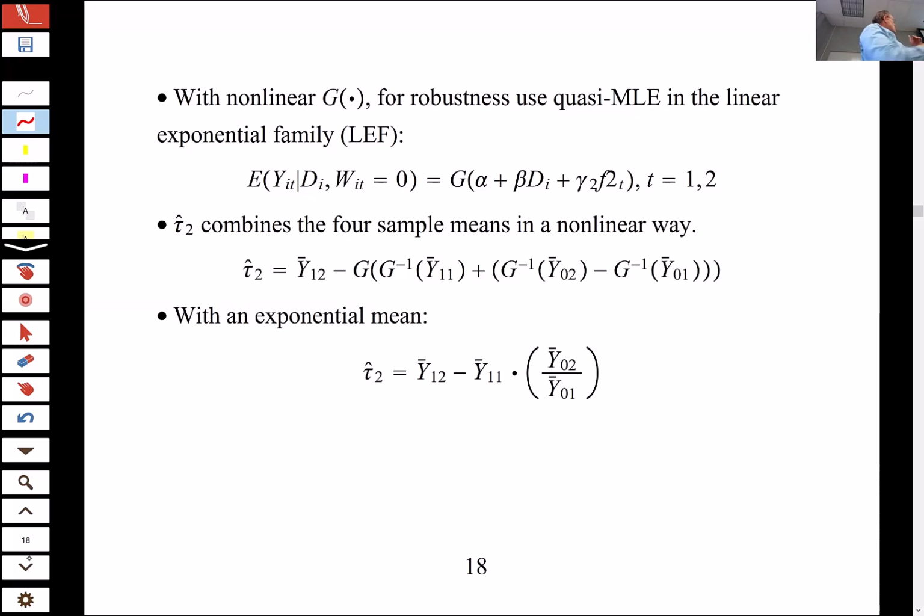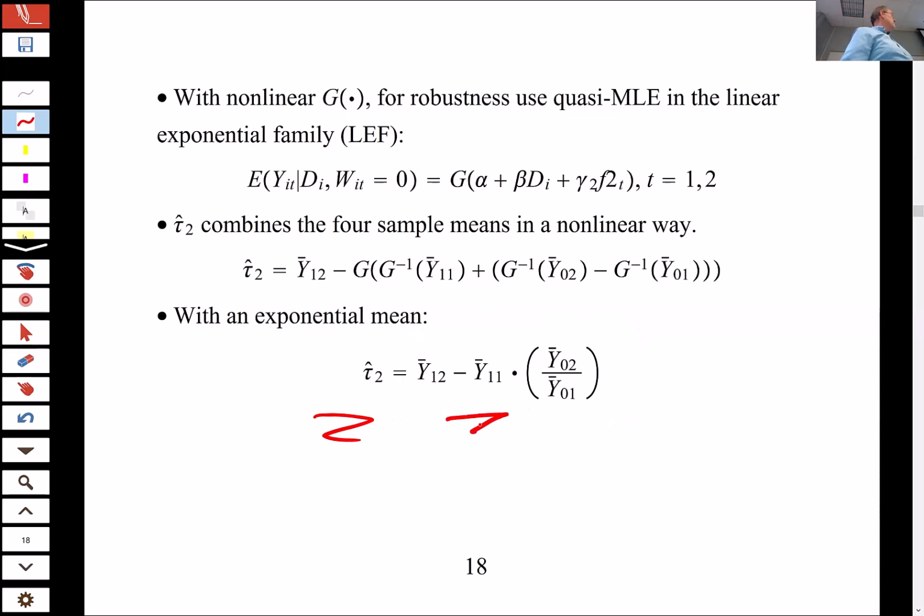When you actually implement this, if you choose an exponential mean function, after a little bit of algebra, you can show that the average treatment effect is a nonlinear function of the four averages that we know we have: the two averages before the intervention and the two averages after. This actually has an interesting interpretation.